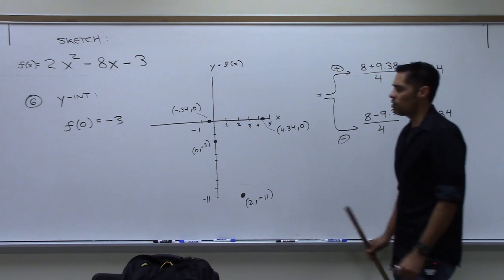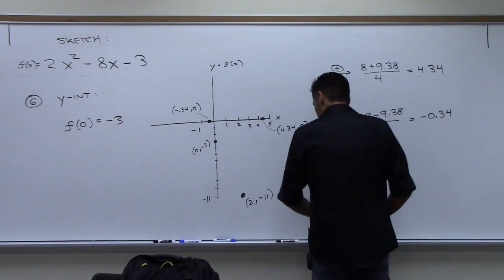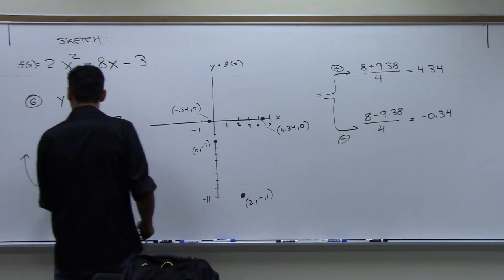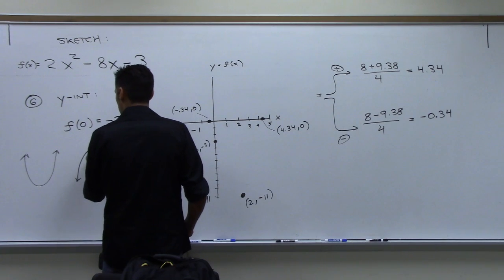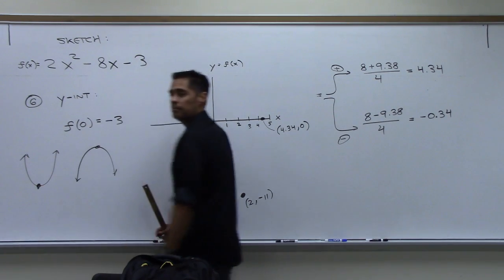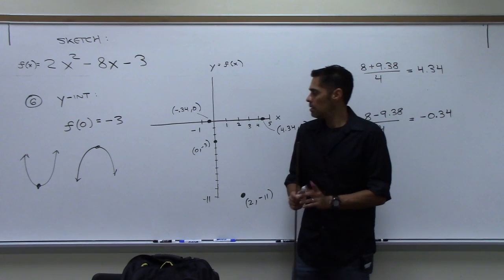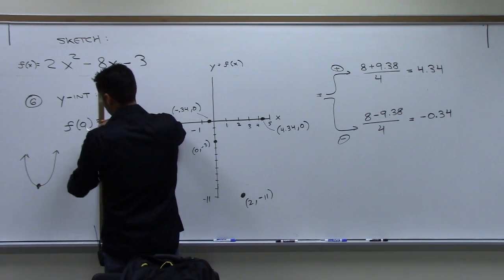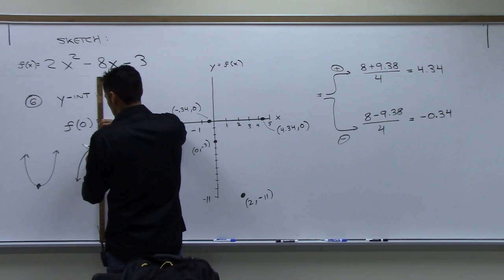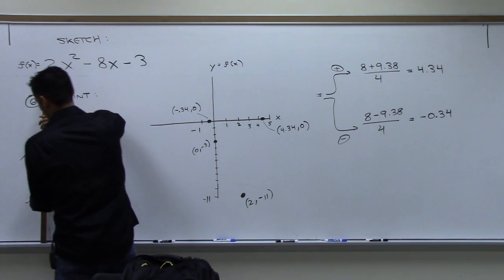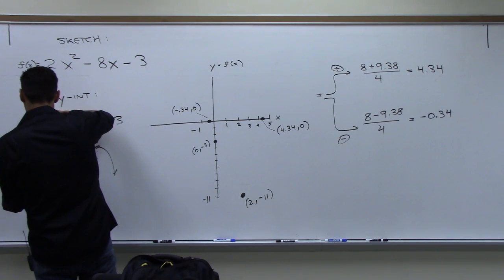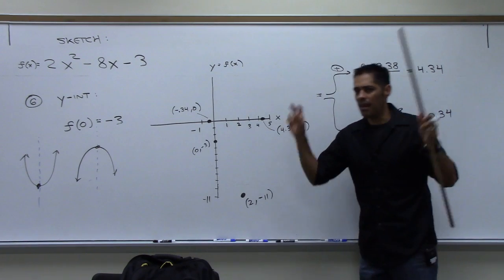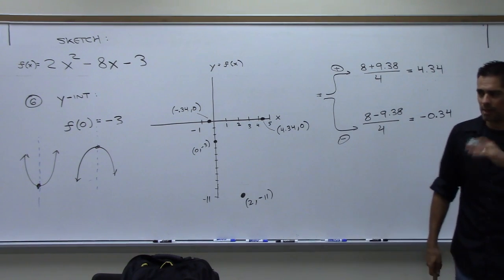Now, one thing we didn't really talk about last class is that when you have these parabolas, regardless of whether they open up or down, both of them will have a vertex, right? And if you can imagine an imaginary line extending down through the vertex like this, that is technically called the axis of symmetry, which I'm not going to ask you about.